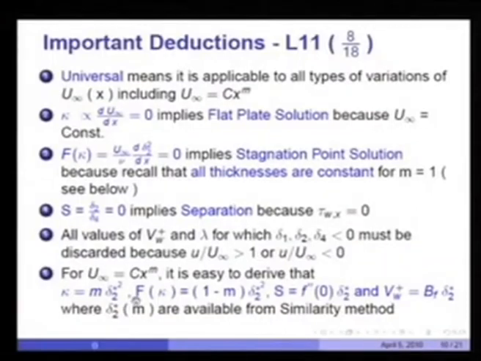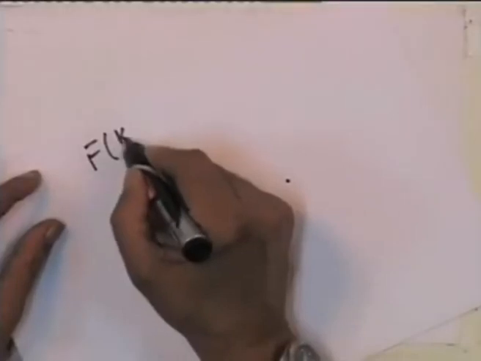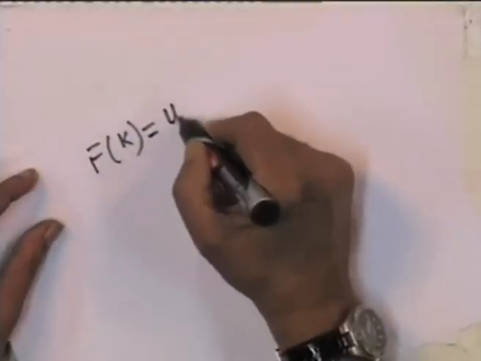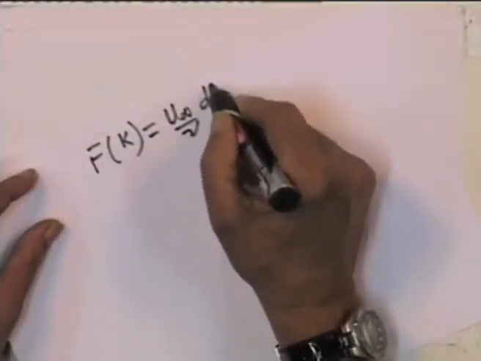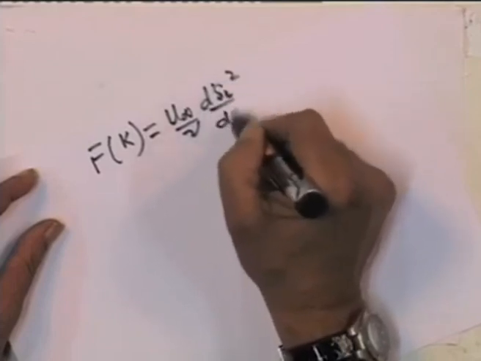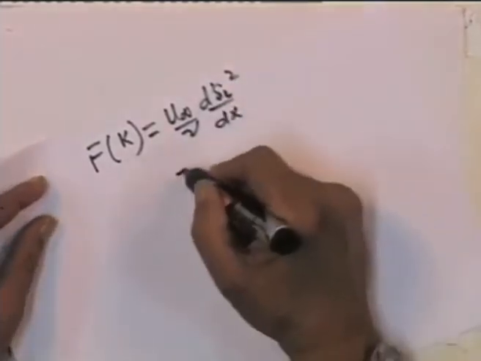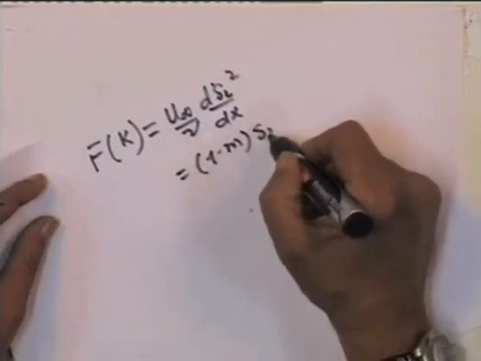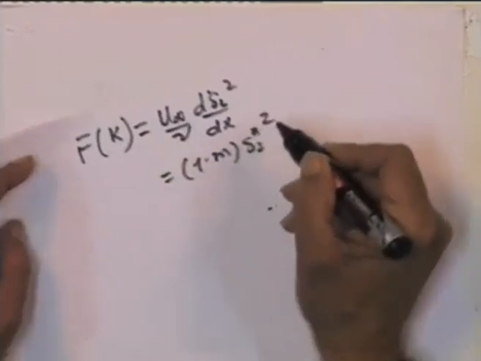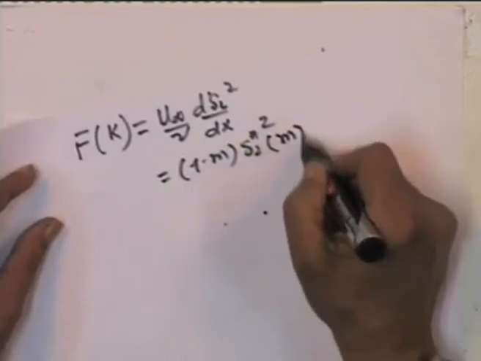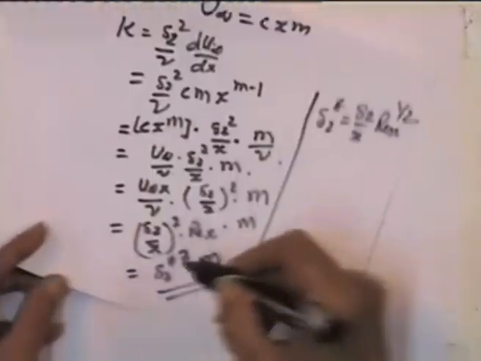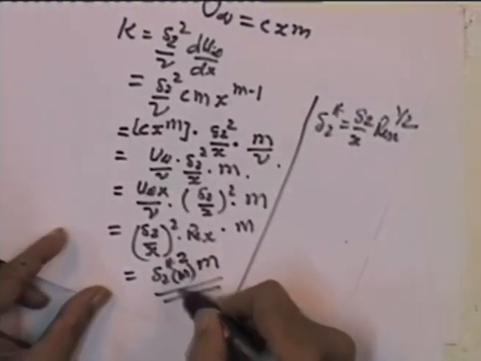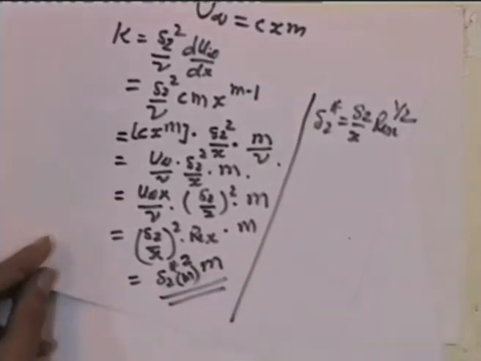Similarly, you can show that f kappa, which is equal to u infinity by nu d delta 2 squared by dx, can be shown to be equal to 1 minus m delta 2 star squared for that value of m. Similarly, here delta 2 is corresponding to the value of m you are concerned with.